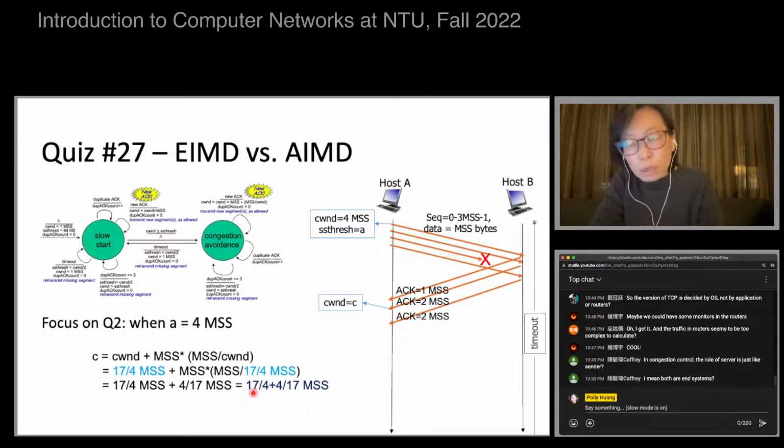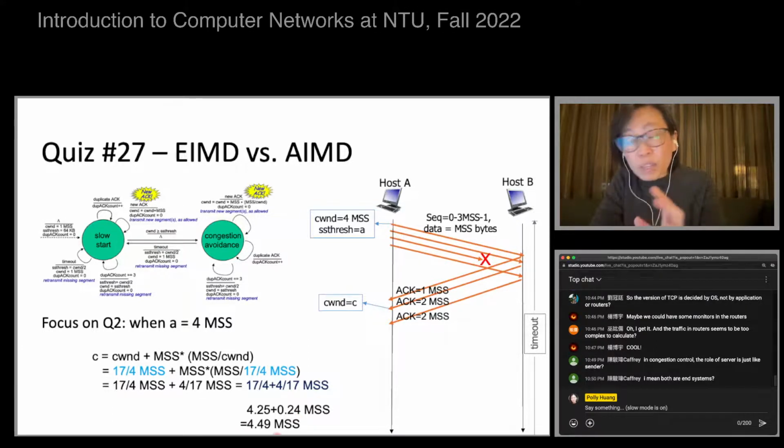So 4.25 plus 4 over 17, which is 0.24. I used a calculator and I get 0.24 here. So adding up to about 4.5.